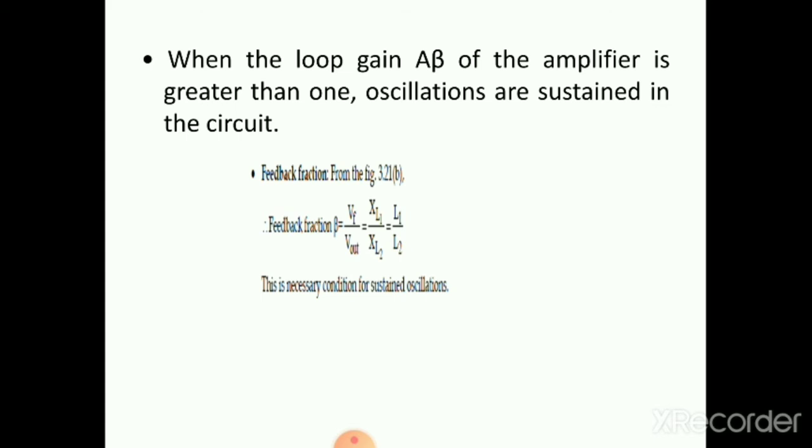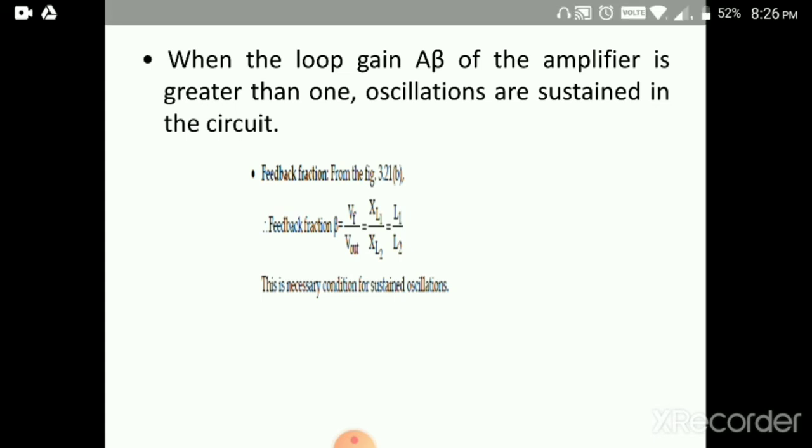The voltages across these reactances are I into X. So XL1 by XL2, I will be cancelled, and XL1 is equal to omega L1 by omega L2, so omega cancels, and we are left with L1 by L2. So the feedback fraction beta is equal to L1 by L2.